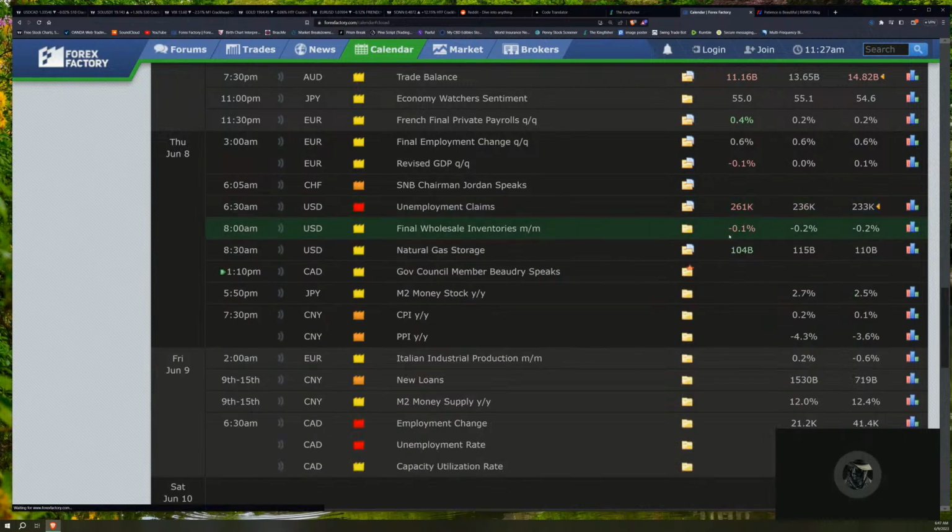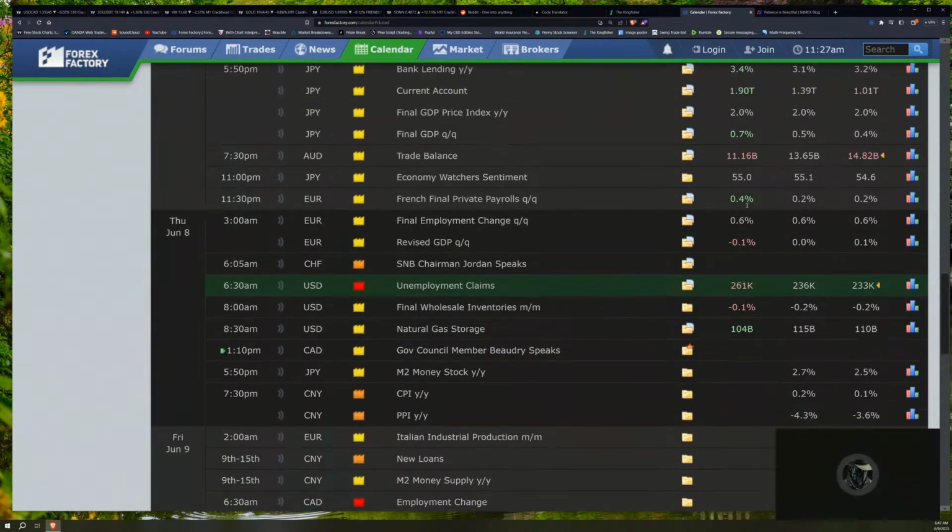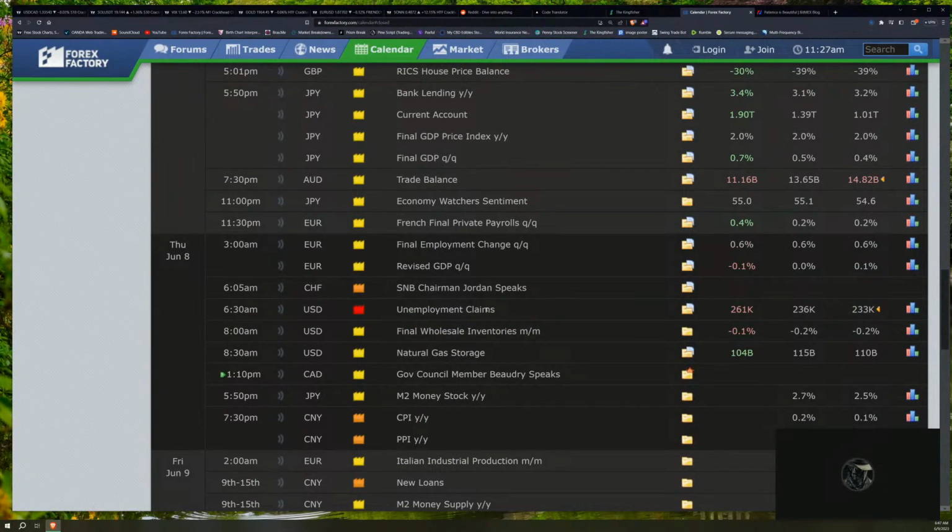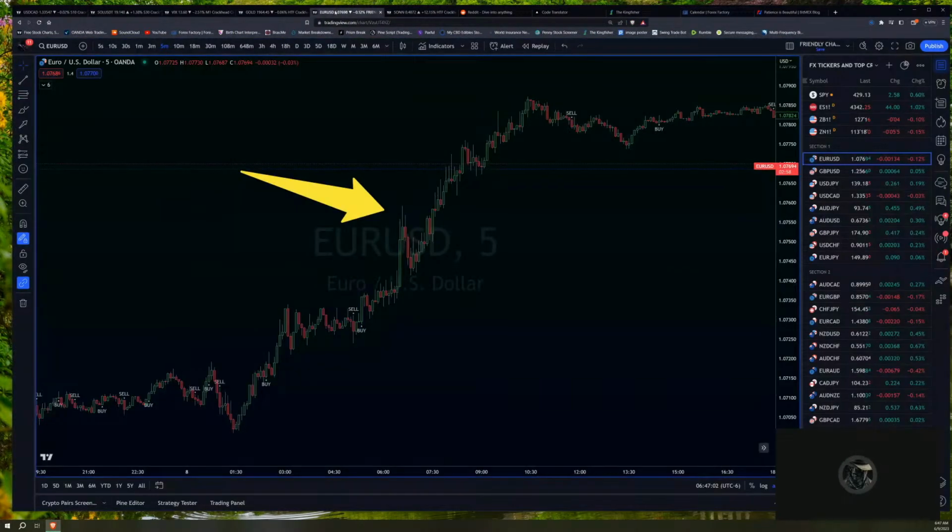Well, in this case, the actual is higher than forecast. And what does that mean? The unemployment claims number was 261,000, which is higher than the expected 236, which in and of itself was higher than the prior month, right? And when numbers come out higher than expected, that's when the market gets a little bit of a shock.